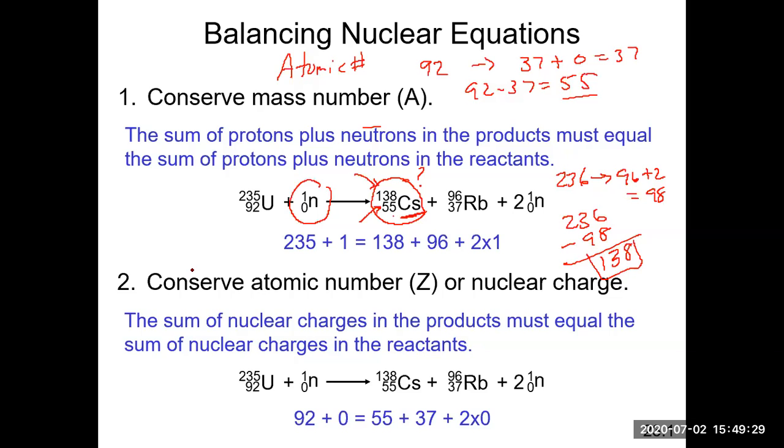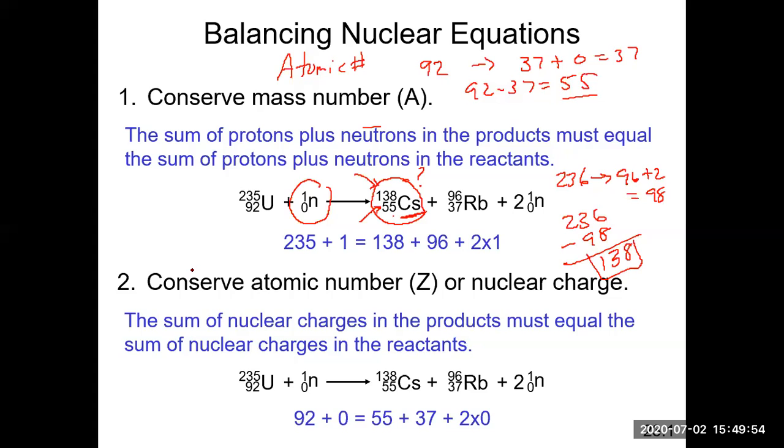So if you come across something that has a weird number for the atomic number, like a 0 or a -1, what you may actually be seeing is a particle that's missing in the equation. I would say probably 9 times out of 10 it's going to be an element, but it could technically be a particle that's missing.